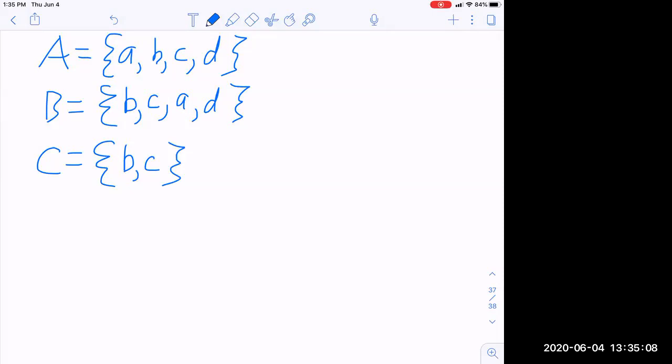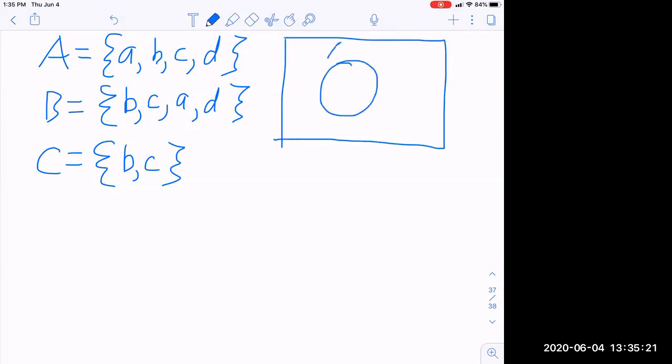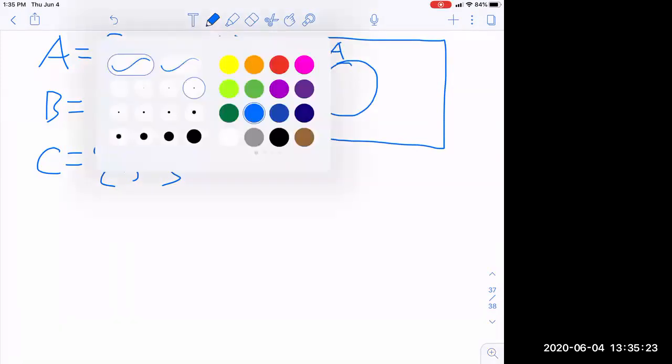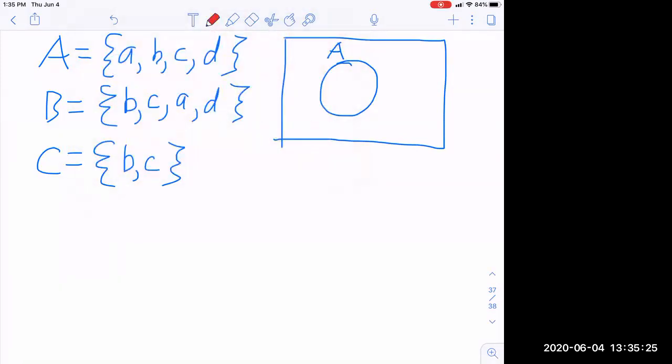Well, we can see that A equals B. And if I was to do a Venn diagram for this, this would be A in blue. Then I would take B in red. Well, it's the same thing. It looks like that. So they're equal.